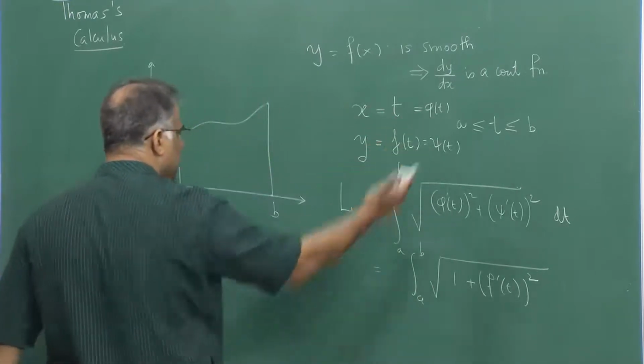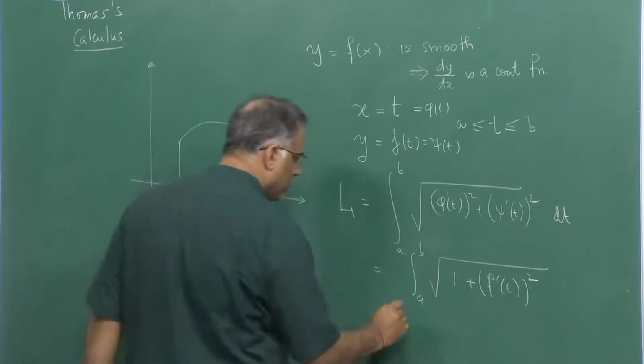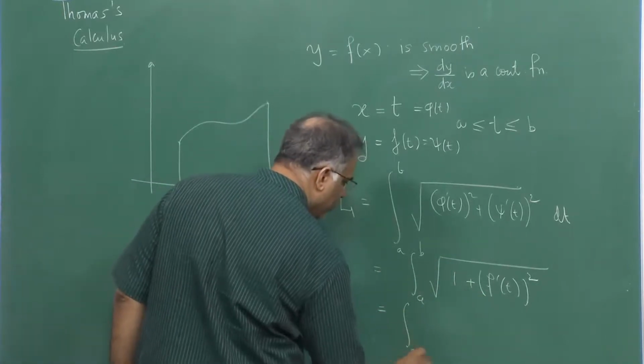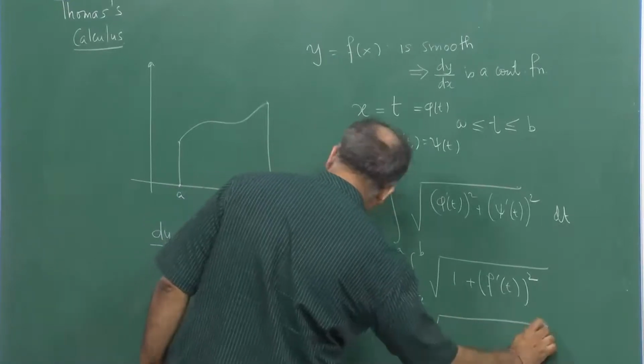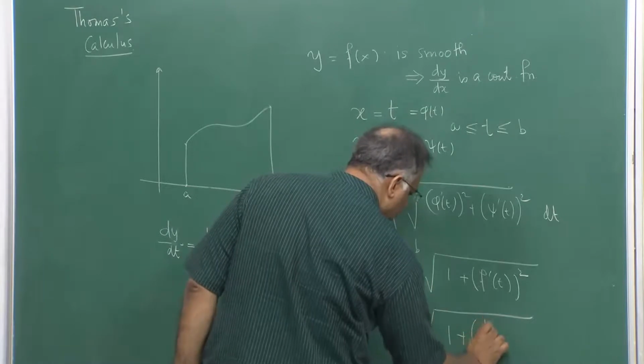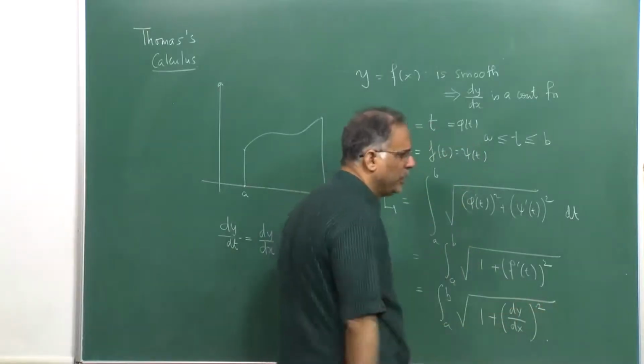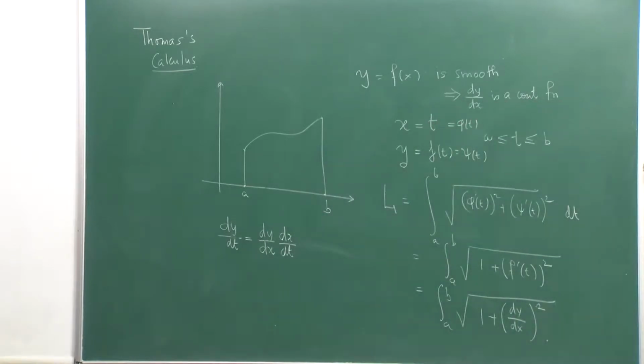So, dx/dt is just 1, and this is nothing but dy/dx. So, what I get is the integral from a to b of root over, here I have to use the chain rule, please observe this, 1 plus (dy/dx) whole square. So, how simply we obtain this, once we have that knowledge.